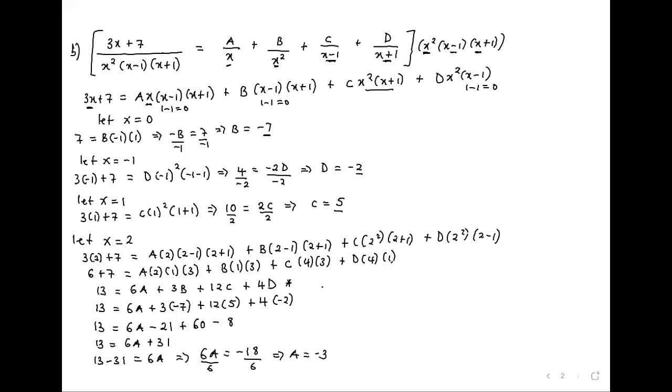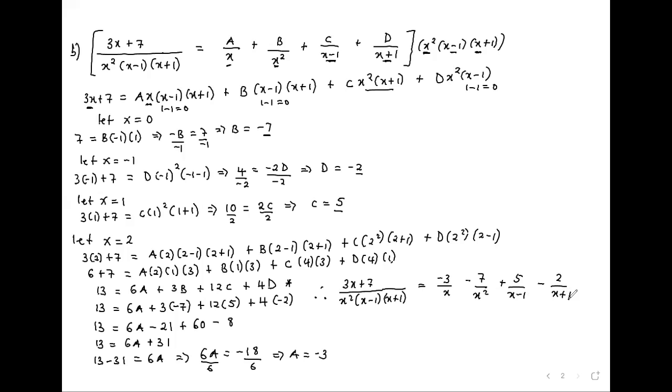So now we are saying, therefore, the partial fraction for this guy is equal to A is negative 3 over x, B is negative 7 over x squared, C is 5 over x minus 1, D is negative 2 over x plus 1.